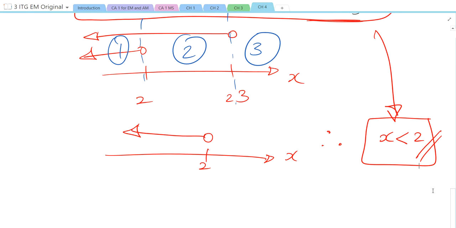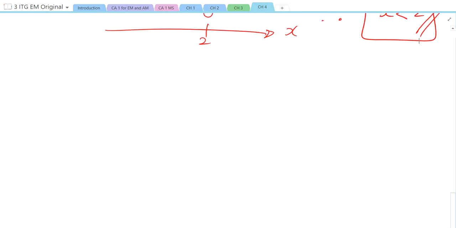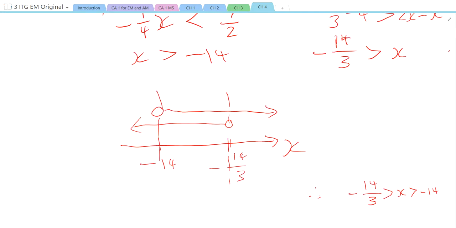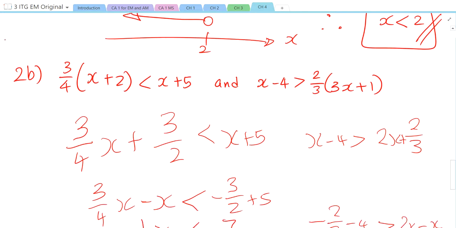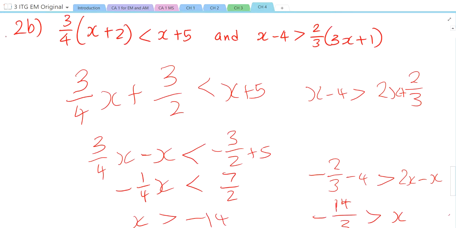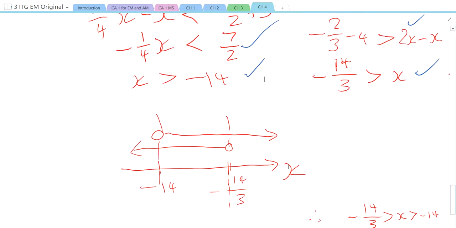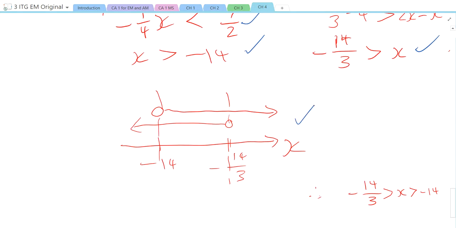Next question, we've got 2B. Question 2B. Okay with his work? First one, second one looks fine. All these look correct. Right? Are they all correct? Okay, let's go to the number line. Okay, this is correct.